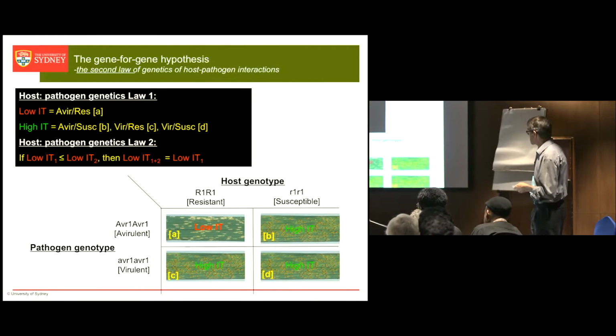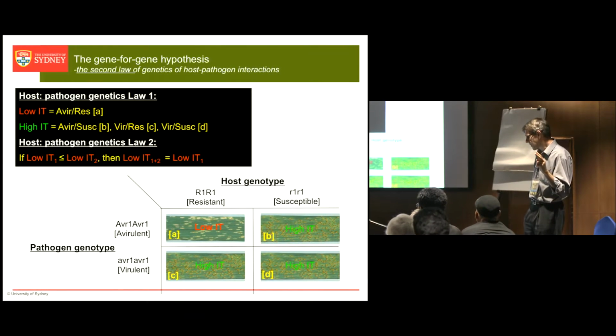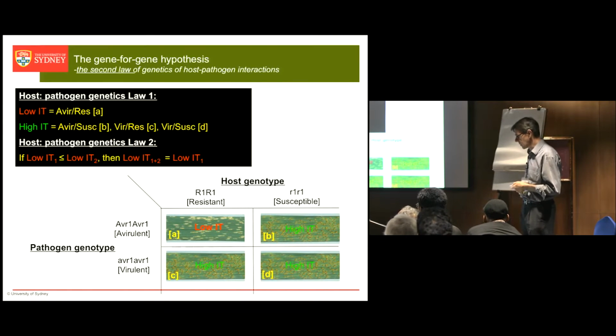So I said there are 2 laws of genetics of host pathogen interactions. The first one is this one: the low infection type tells us straight away we've got at least one matching avirulence and resistance gene in the pathogen and the host.